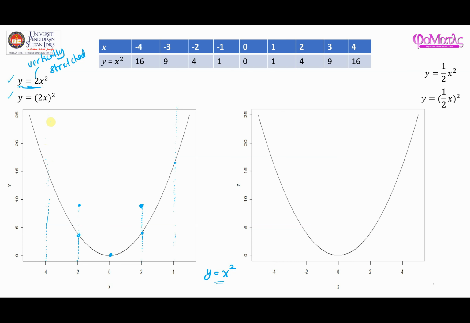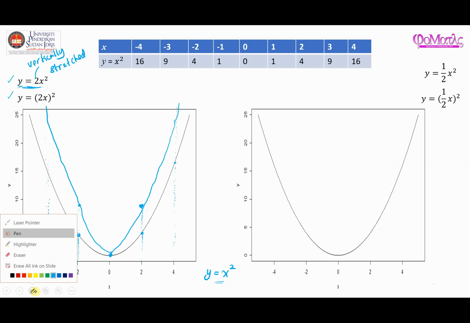Maybe somewhere there. It is something like that. This is actually ugly, but I think that will do.